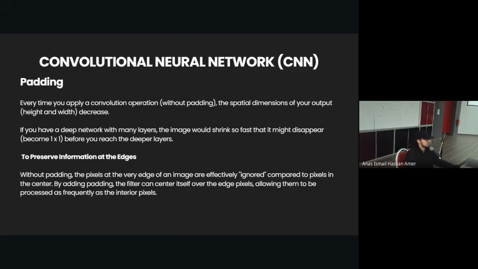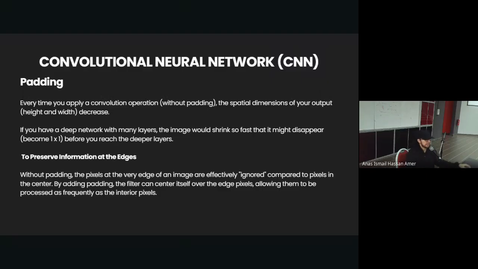So essentially, the kernel matrix that's going around only passes by the edge the first time. So it passes by this edge and then it goes on. Compared to the pixels in the middle that have multiple kernels pass by them, the pixels at the edge of the image are not processed as much.